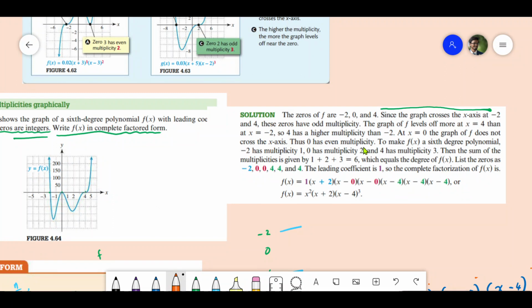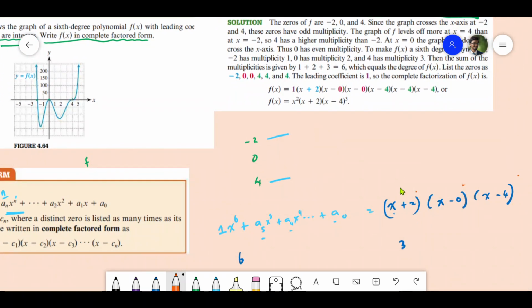Then we can see that to make f(x) a 6th degree polynomial, that's also a must. So the product of these terms along with their corresponding multiplicities should give a 6th degree polynomial.